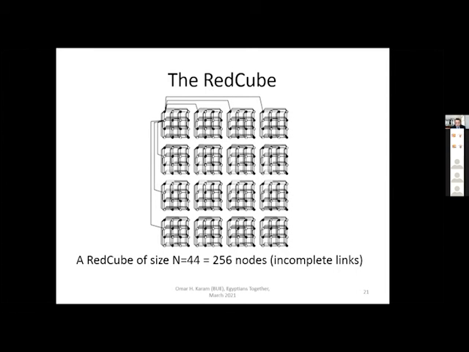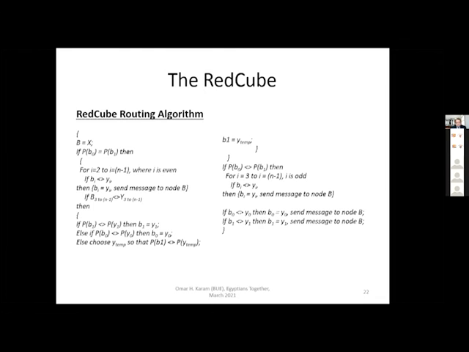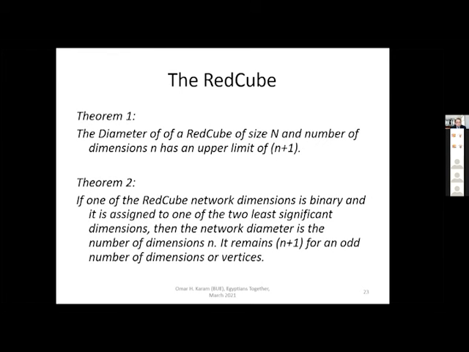This is size 256. The complexity is clear. I have a routing algorithm which is self-routing. You know one address and the other, and you can immediately identify which path to go through. Now, there are two theorems which we prove.